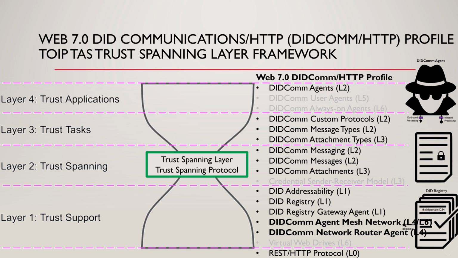So these are network services, just like the DID registry and the DID registry agent gateway. It's all enabled by DIDComm. The router agents are all DIDComm agents, and so they're part of the foundation. They're part of layer 1 trust support in the TOIP TAS Hourglass framework.